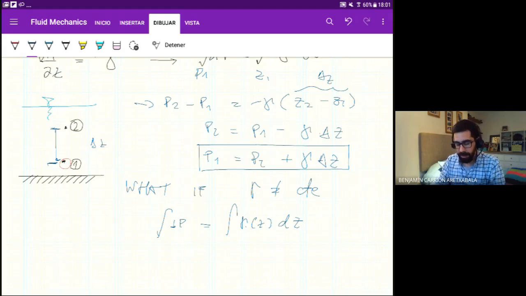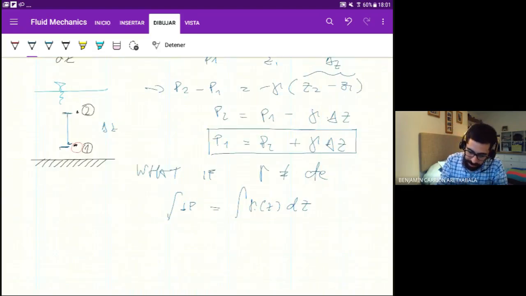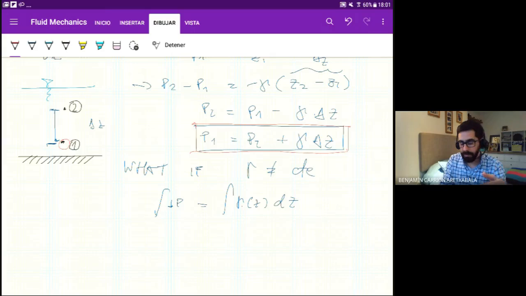You can look it up yourself, but you end up with an exponential distribution. I won't do it because it's not relevant for us. But keep in mind that when you see these kinds of equations, it is assuming that gamma is constant, and that means that gamma doesn't change with pressure, and that means an incompressible fluid. This is only valid for an incompressible fluid at rest. The atmosphere is never at rest either, so that's another complication.